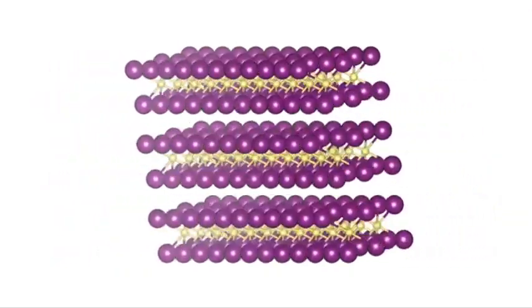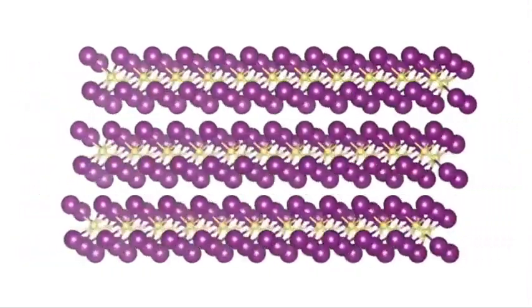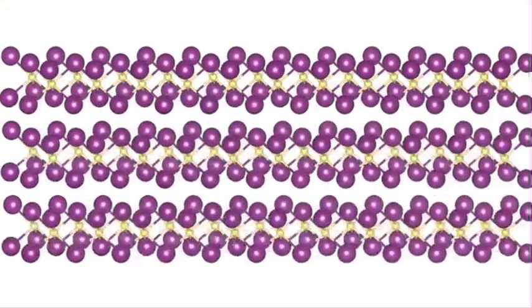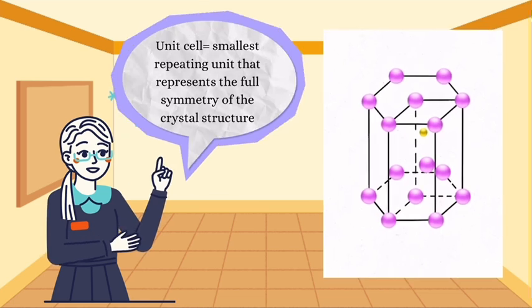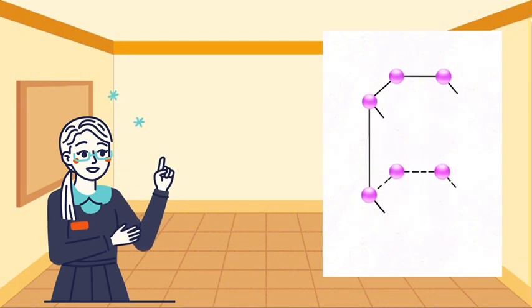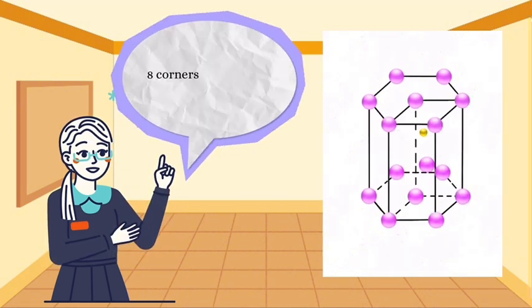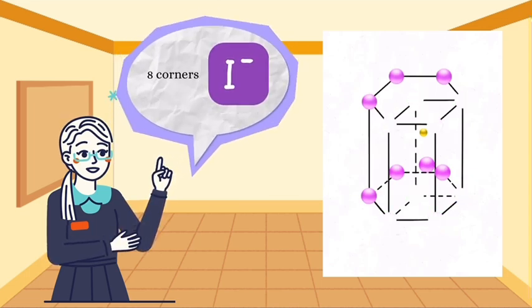From this large, continuous repeating unit of the hexagonal cell of the cadmium iodide compound, we can zoom in into one unit cell. It also represents the full symmetry of its crystal structure. As we can see from this 1/3 portion of the hexagonal cell, all of the corners of the rhombus area are occupied by iodide ions both at the top and bottom sides.